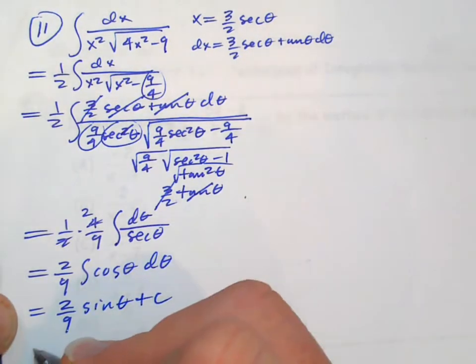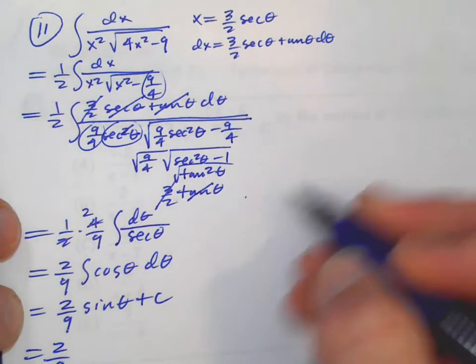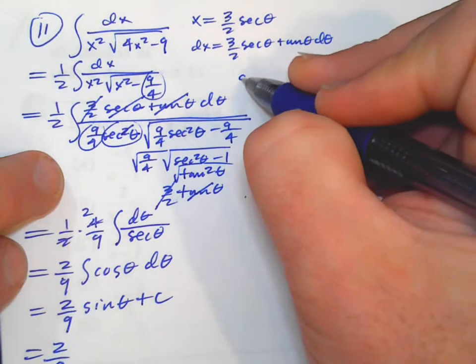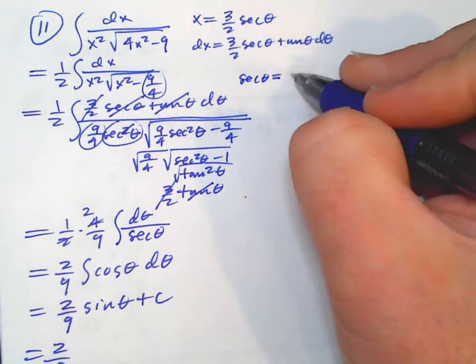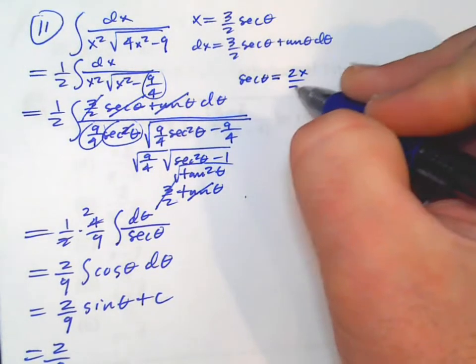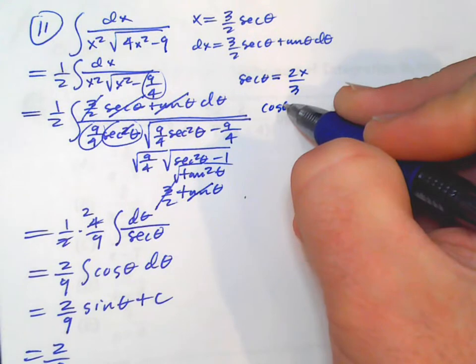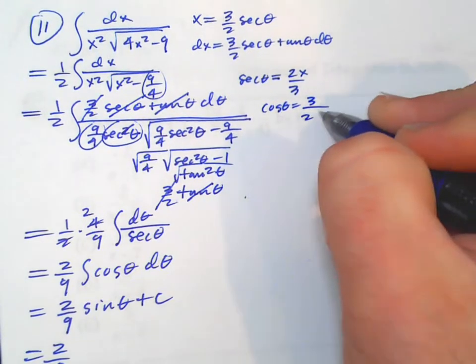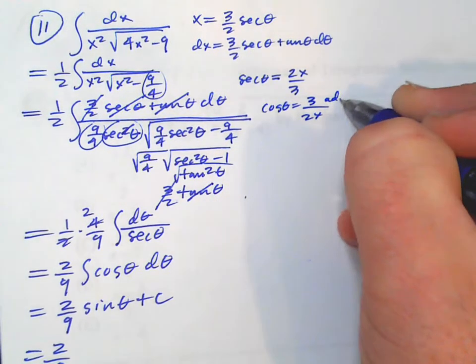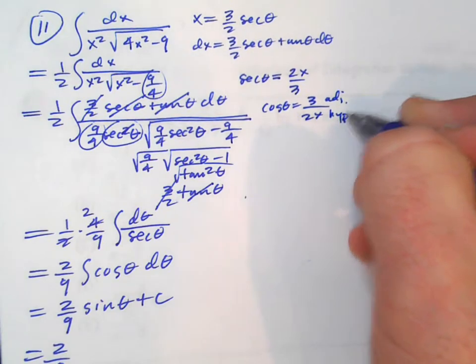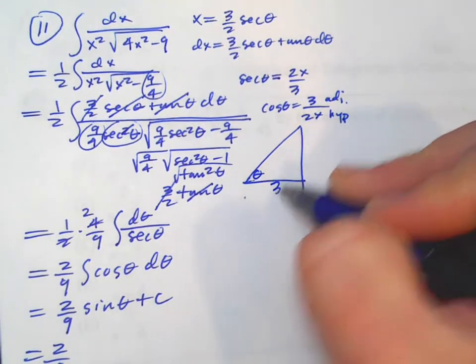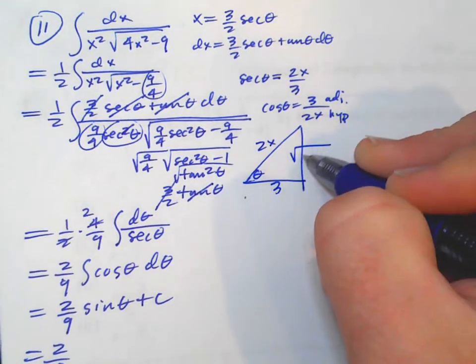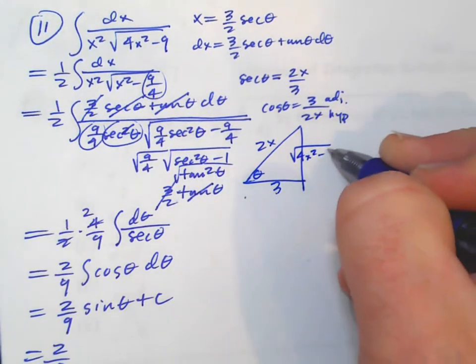Got to get it back into terms of the original variable x. So secant theta equals 2x over 3, which means cosine theta equals 3 over 2x. So this could be adjacent over hypotenuse. And we draw a little triangle real quick. Theta, adjacent, hypotenuse. This is going to be the square root of 4x squared minus 9.